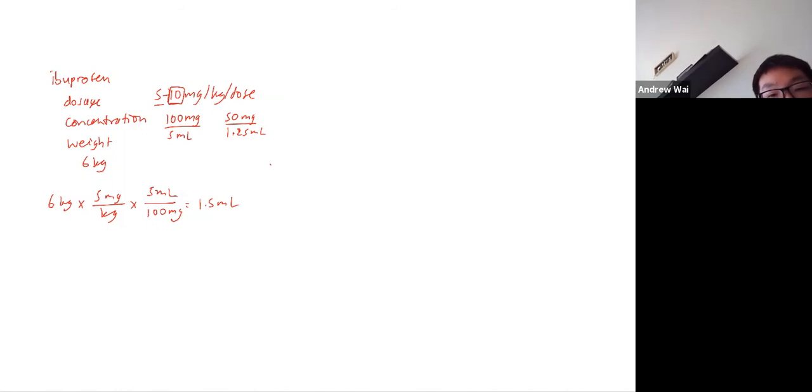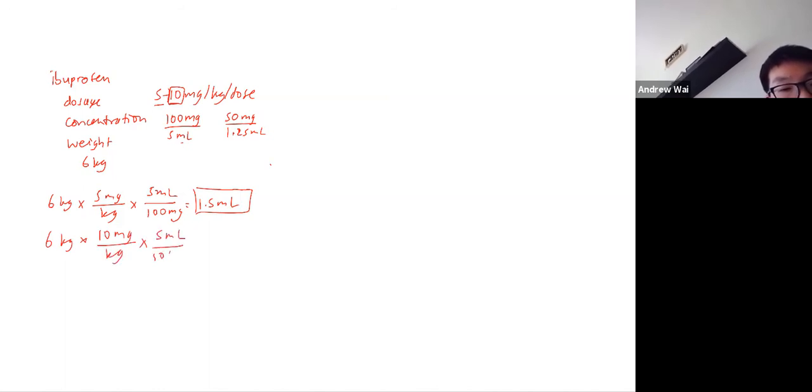So yeah, you can give 1.5 mLs of this concentration of ibuprofen, or you could also go with a 10 milligram per kilogram dose now. And that ends up being 3 mLs. So you can give anywhere between 1.5 to 3 mLs of this 100 milligram per 5 mL concentration.